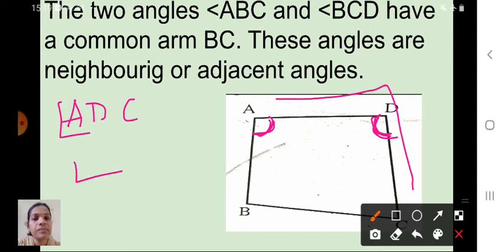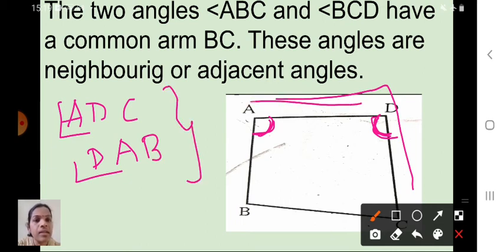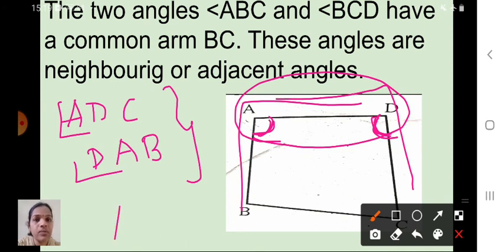Angle DAB. These two are adjacent angles. Okay, DAB. So here which one is the common arm? AD is the common arm. So children, you have to remember that adjacent angles have one common arm.